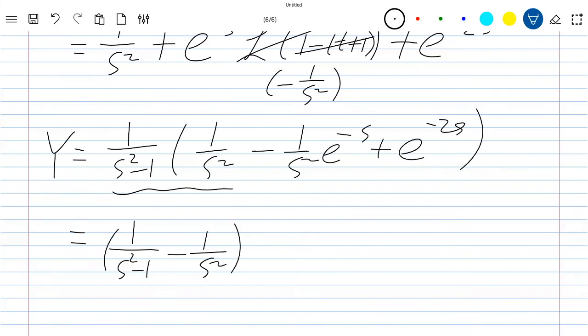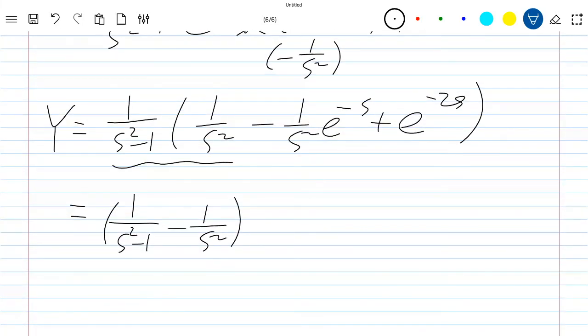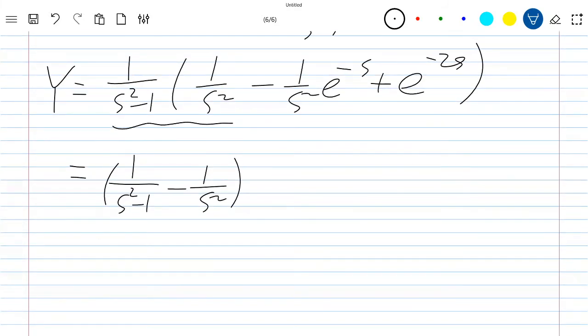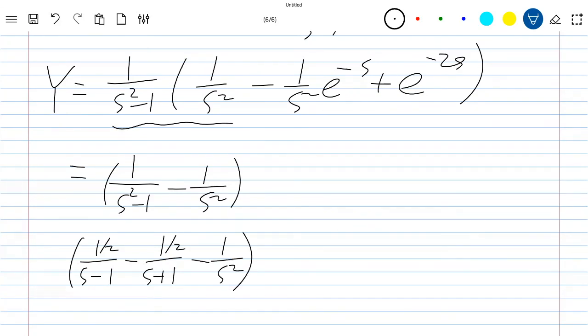Because if you put them together, the numerator becomes s squared minus s squared plus 1, which is 1, right? But that's not done yet, because we have to split the second term into s minus 1 and s plus 1. If you add them together, you get 2s, but if you do the subtraction, you get 2, so we divide by 2, you get 1.